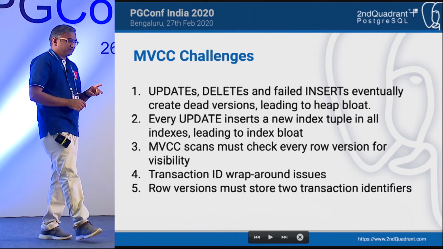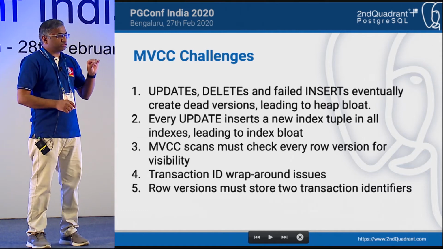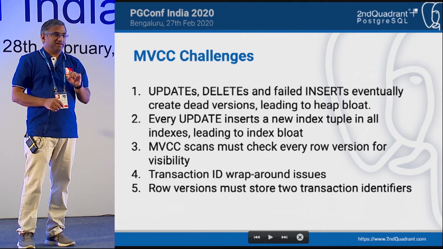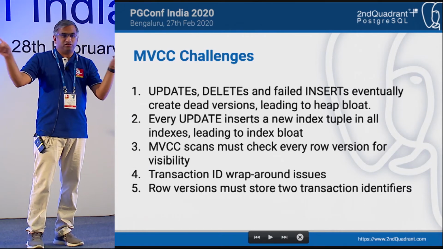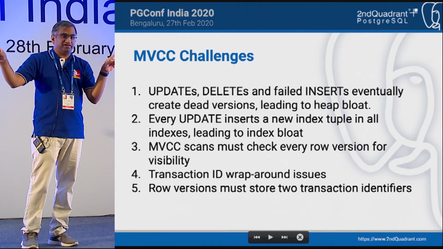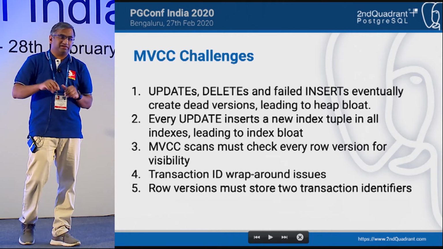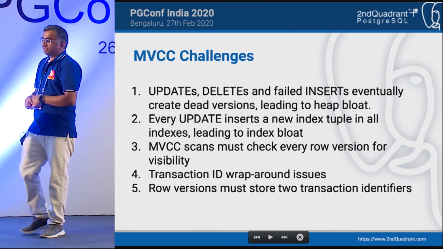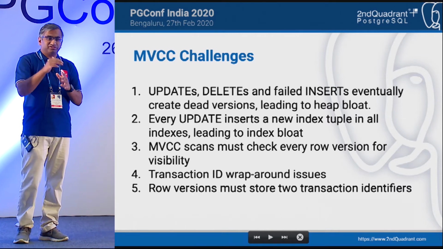Every update to a row also generates a corresponding row in the index. And if you've got 10 indexes, that means every time you update one row, 10 new index rows are being created, one row in each of the 10 indexes. That causes index bloat as well. Now, some of these things are how it used to be.